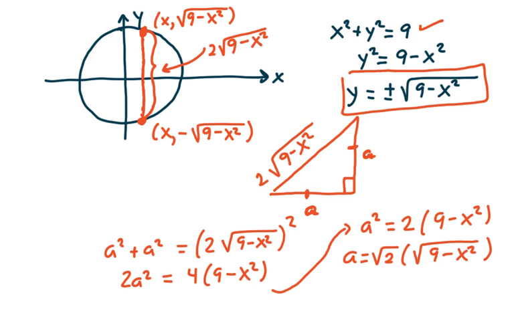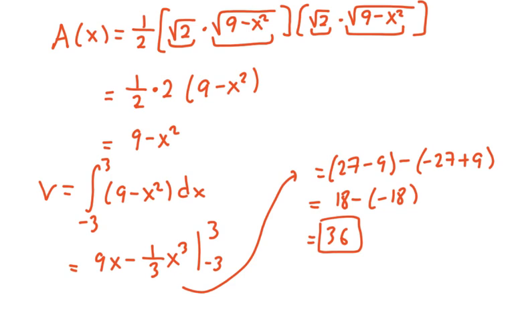Divide both sides by 2. That's all I did on the next line, right? And I get a squared is equal to 2 times 9 minus x squared. Solving for a, we get a equals square root of 2 times the square root of 9 minus x squared. All right, now that allows us to get the area of this right triangle.